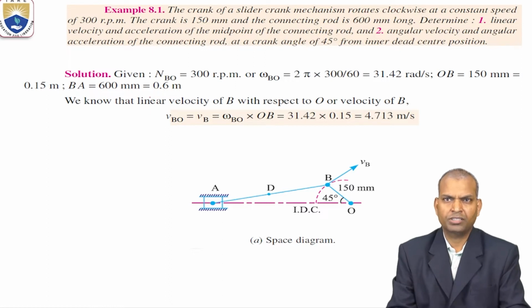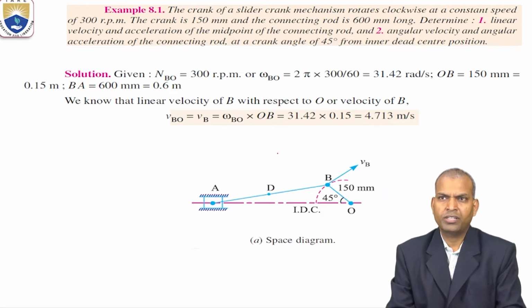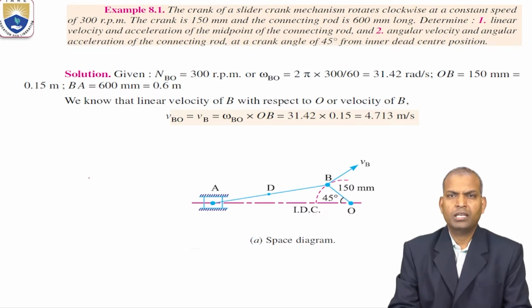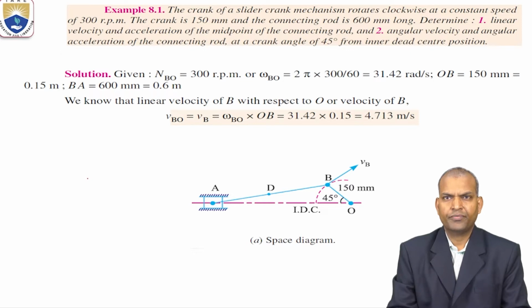This is an example problem related to a slider crank mechanism. Let me read that. The crank of a slider crank mechanism rotates in clockwise direction at a constant speed of 300 rpm, revolutions per minute. The crank is 150 millimeters and the length of the connecting rod is 600 millimeters.